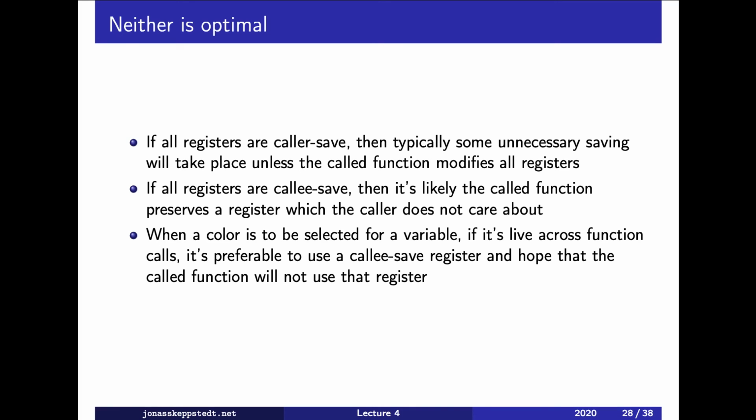If it is used across a function call, it's better to use a callee save register and hope that the called function will not use that register, instead of pessimistically using a caller save register and therefore having to save and restore it before and after the call.